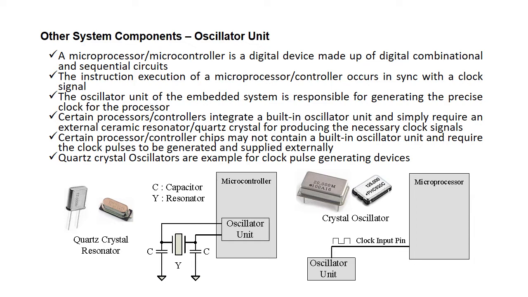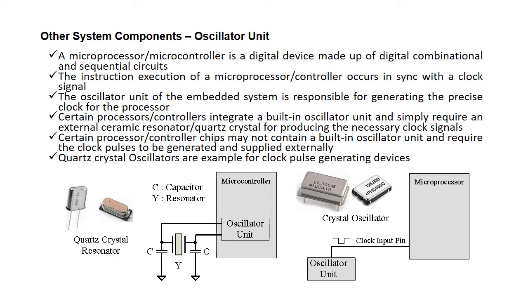So some of the processors or controllers have this oscillator circuit built in, but some of the microprocessors and controllers will have pins to which this clock circuit can be connected externally. Quartz crystal oscillators are an example of clock pulse generating devices. The figure shows a microcontroller, and two pins of the microcontroller are connected to an external clock circuit, where the quartz crystal is used.